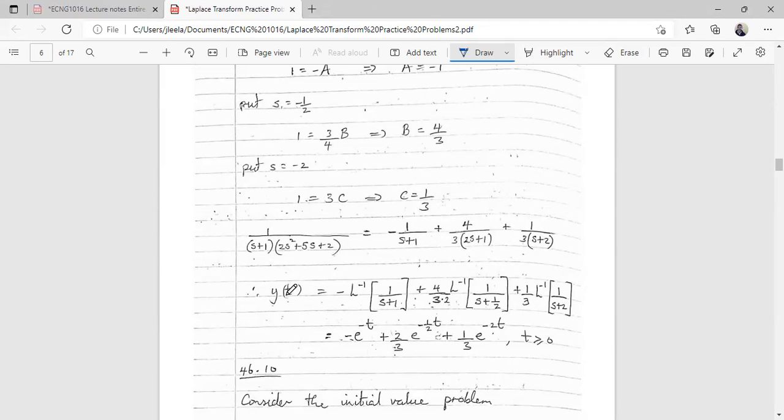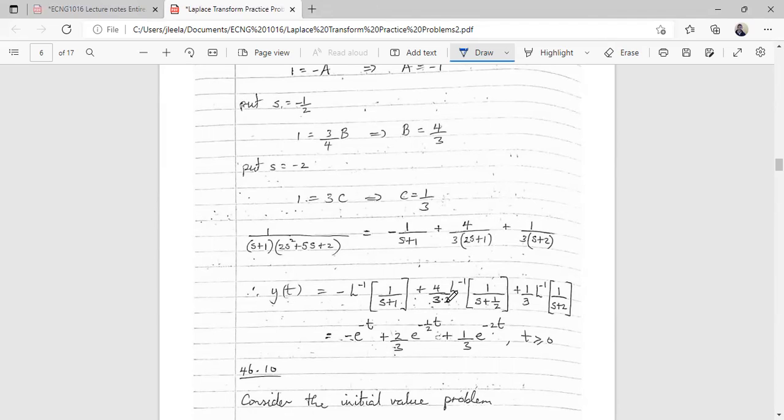And your y(t) now is your Laplace inverse of the right hand side. So you could pull out the minus, Laplace inverse of 1 over s plus 1, right? 4 over 3. And then here now, you could pull out the 2. So inside here, you'll get s plus a half, right?